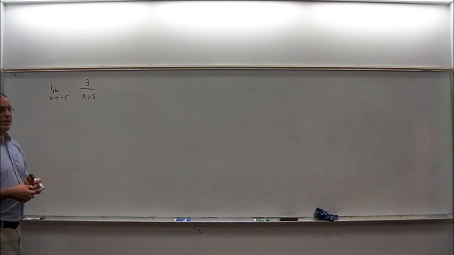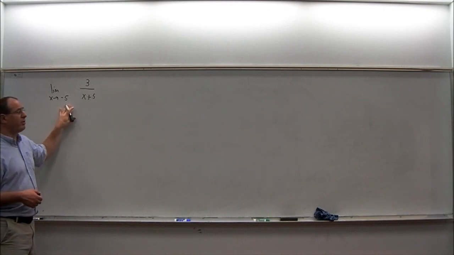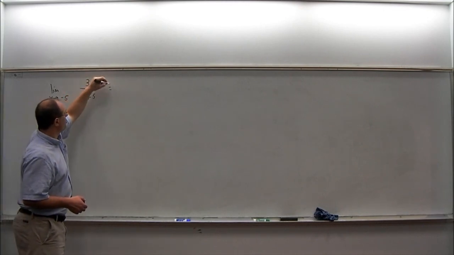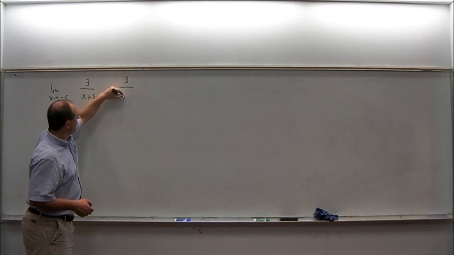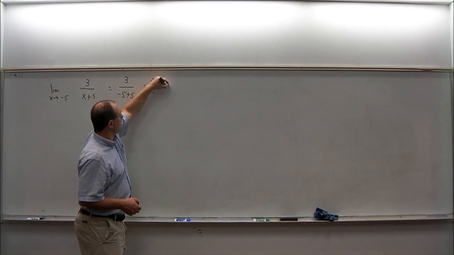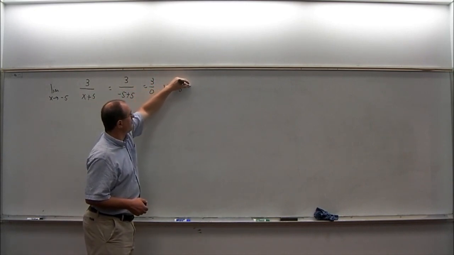So the most elementary analysis is to simply plug the number in. As x goes to -5, this fraction goes to 3 over -5 plus 5, which is 3 over 0, which is undefined.